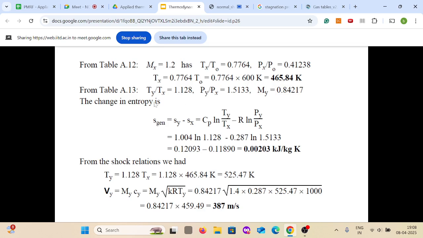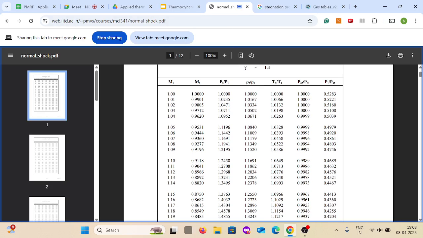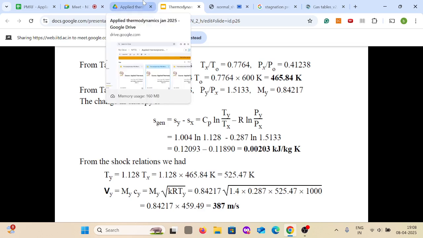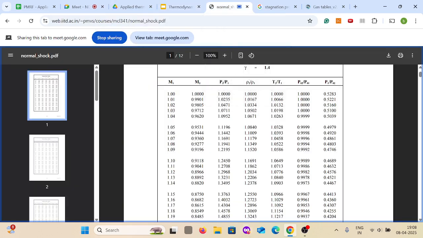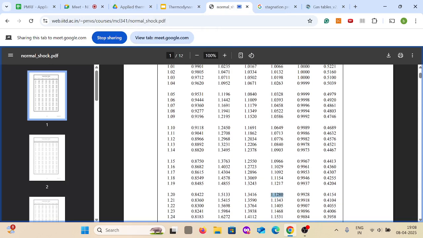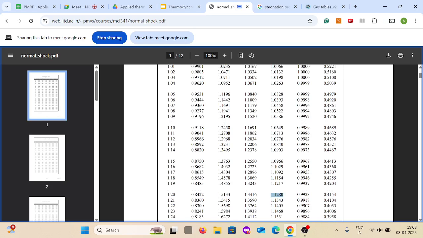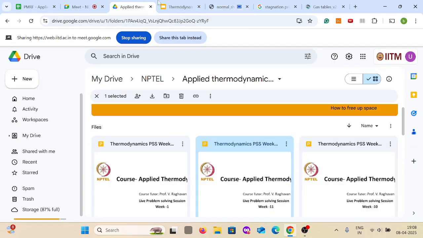Now we can find from the normal shock table for 1.2 the temperature ratio, so 1.128. Now we need to find P2 by P1, which is 1.5133.